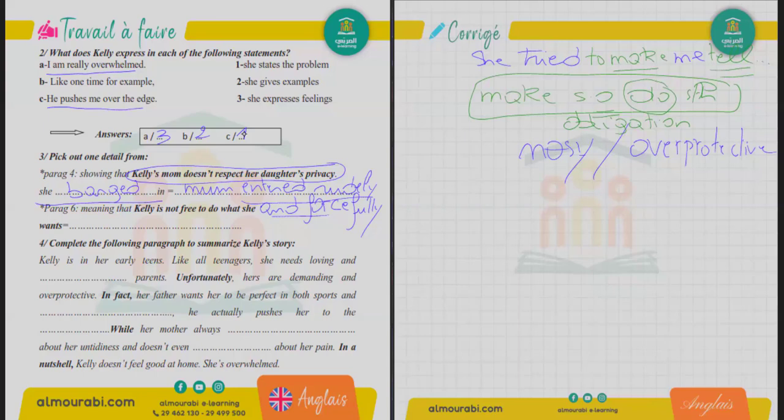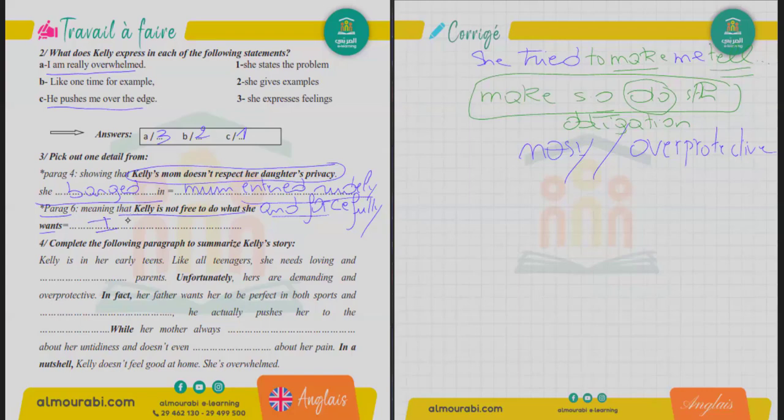Good. I see. Let's move now to the other paragraph, paragraph 6 here. Find out a detail meaning that Kelly is not free to do what she wants. Paragraph 6: I feel like a puppet sometimes. I feel like a puppet.